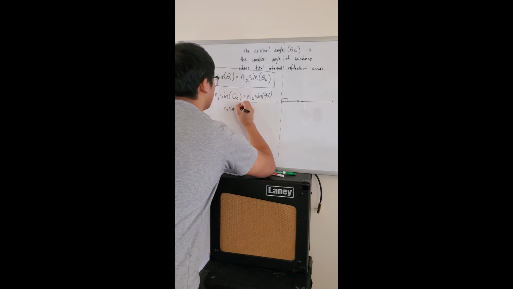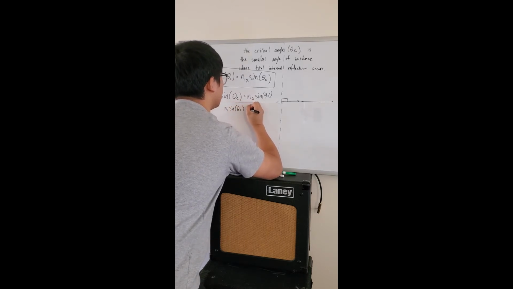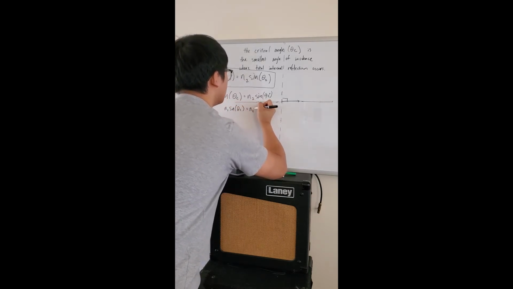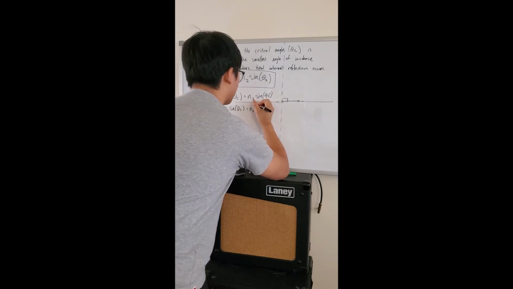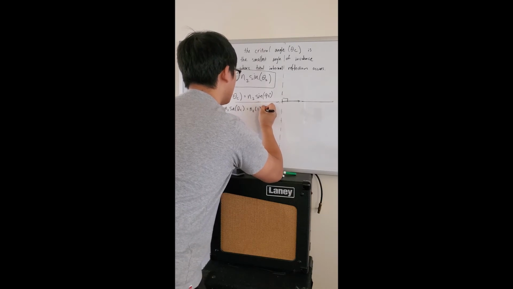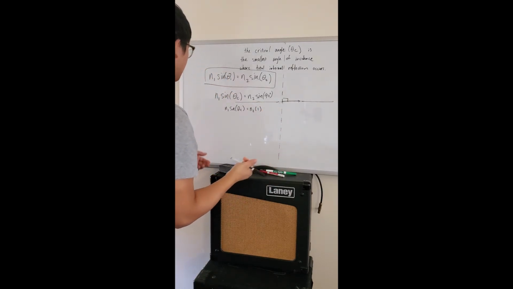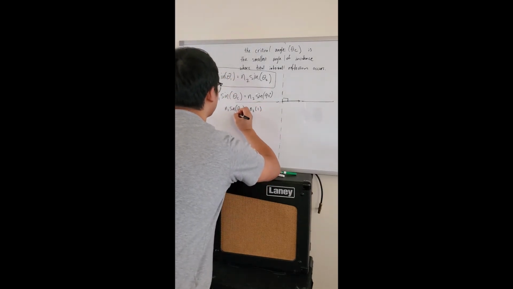Now what happens here is that it simplifies to n1 sine of theta C is equal to n2 sine of 90, which, if we plug it into our calculator, is actually equal to 1. Pretty nice, right? Beautiful math. So easy.